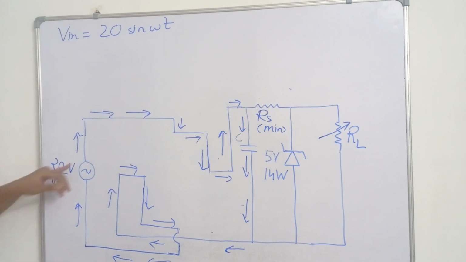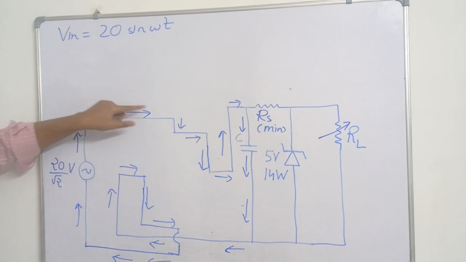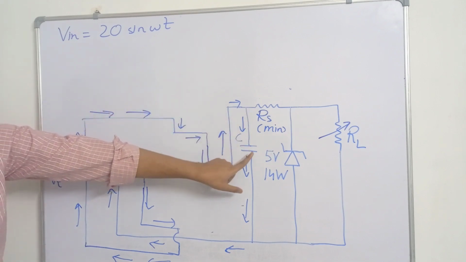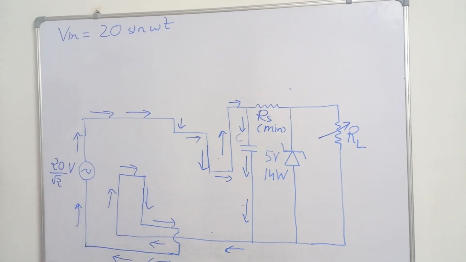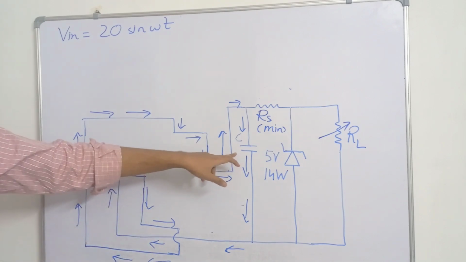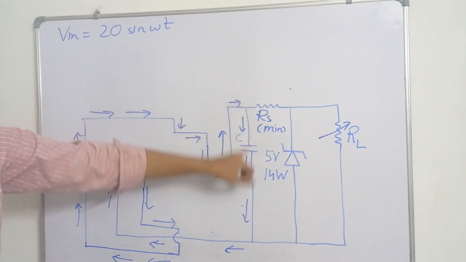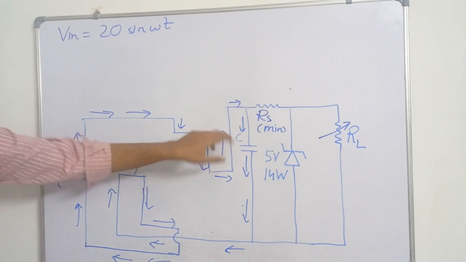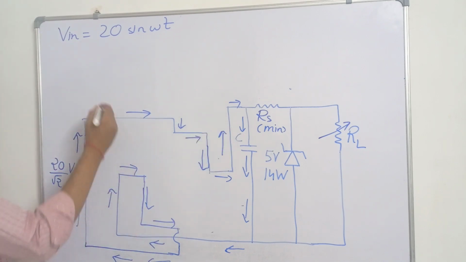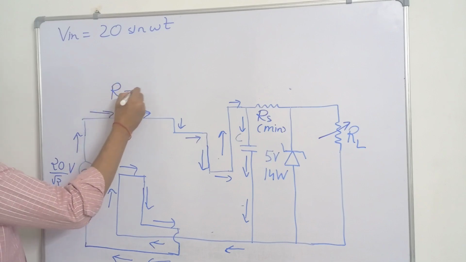The current will start flowing from here, go in this direction, charge this capacitor, come here and complete the loop. Because the capacitor is initially 0 volt, the full current will go through the capacitor and no current will flow through this resistance Rs. As you can see, there is no resistance in the path. The resistance of the path is 0.